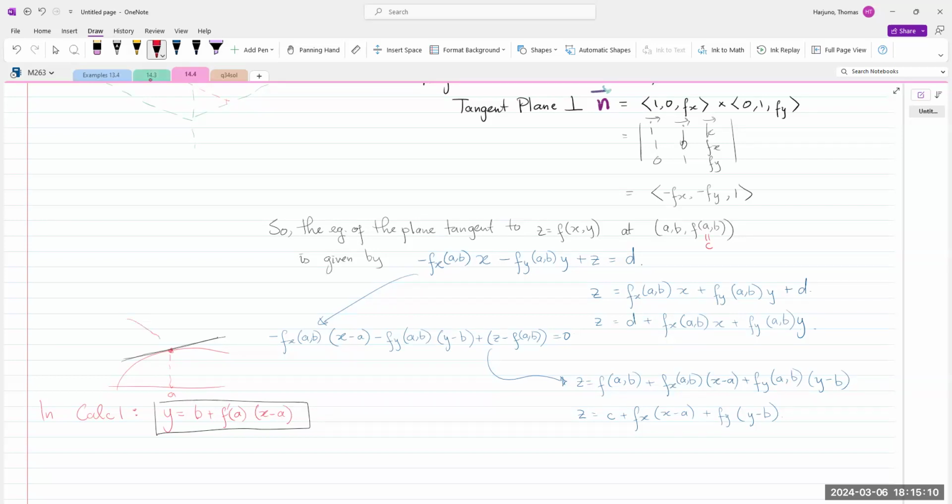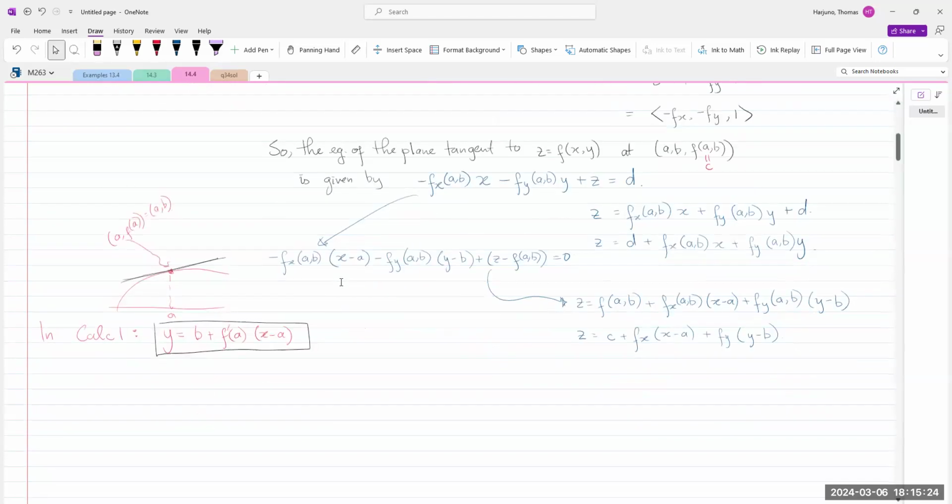So this coordinate here is (a, f(a)), which is (a, b). Now mimic that, the similarity. This is the value of the function at (a,b). This is the partial of f with respect to x. This is the partial of f with respect to y.